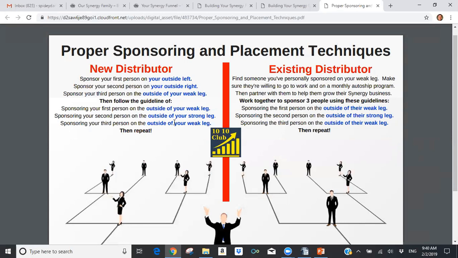And then if one side takes off, then you know how to strengthen your weak leg by partnering with an existing distributor that you've personally sponsored, who's willing to go to work, who's on a monthly auto ship, so that you can help them continue to effectively build both their left and right hand sides by partnering together with this sponsoring and placement technique that will strengthen their Synergy organization and increase the organizational volume on your weak leg to help you earn higher basic commissions as well as earn a higher mega match off of the individual that you're working with.